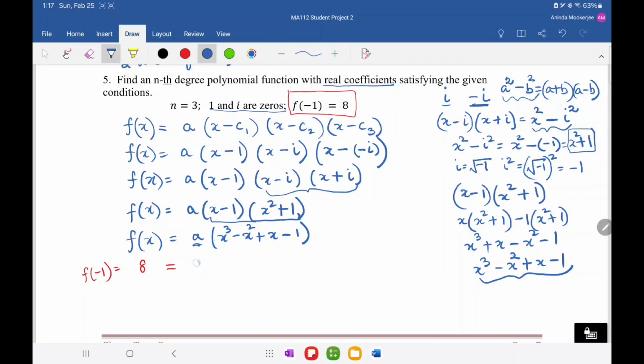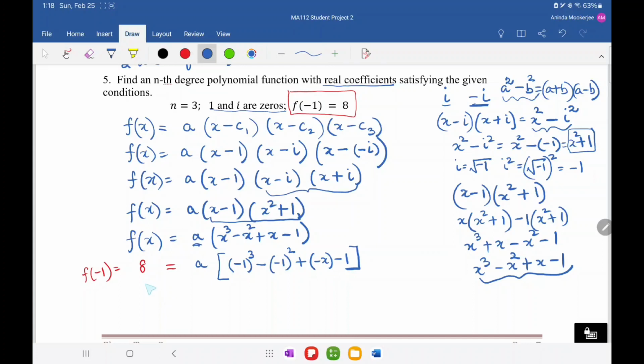So let's do this. a times, and I'm going to use a different bracket here because there are going to be more brackets within brackets. x cubed, I'm going to plug in -1 into this x and write it as -1 cubed minus -1 squared. I'm replacing all the x's with -1, plus minus x minus 1. All right.